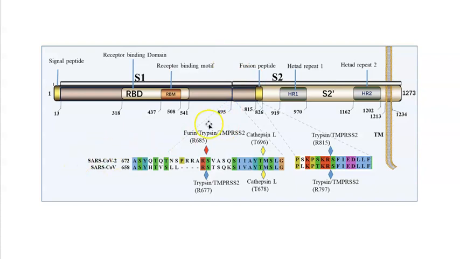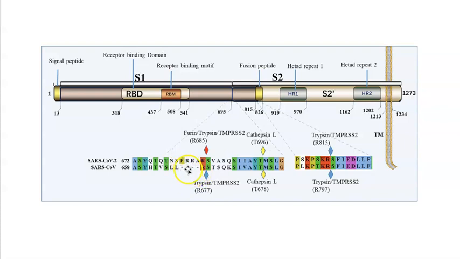If we look at this particular cleavage site, the amino acid sequences of SARS-CoV-2 next to SARS-CoV-1, there are some similarities, but there's a vast difference right here in the so-called Furin cleavage site. SARS-CoV-2 has these amino acids here that none of the viruses closely related to it have in this particular location.